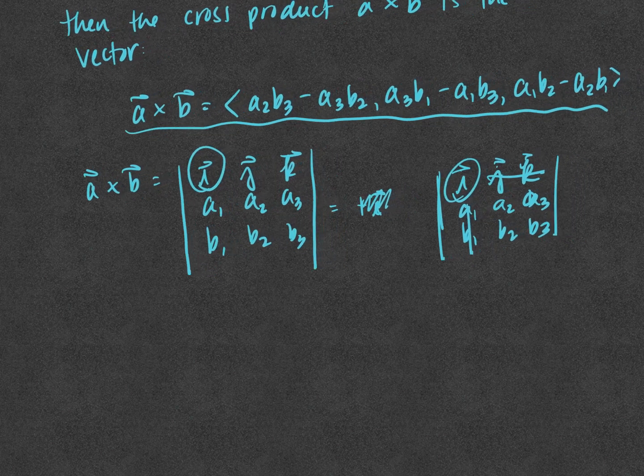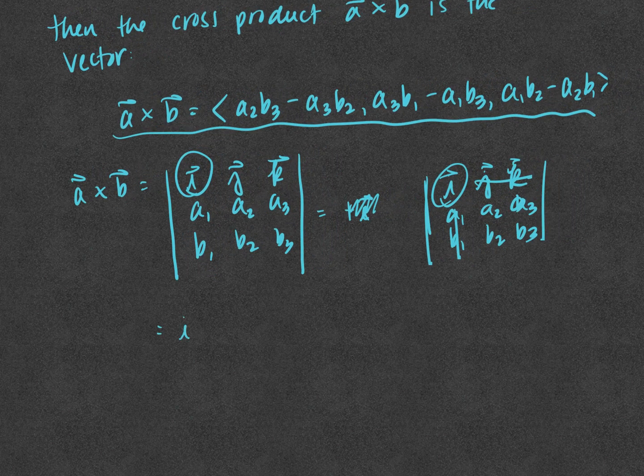So when we write our cofactors underneath, we're going to write I, and the cofactor matrix is A2, A3, B2, B3. And then we're going to pick up the J, and the signs alternate, so this is always a minus J. And again, we're going to cross off the top row and now the middle column.